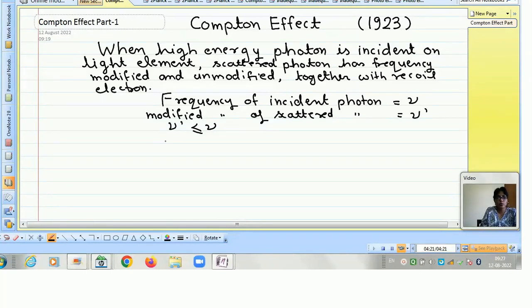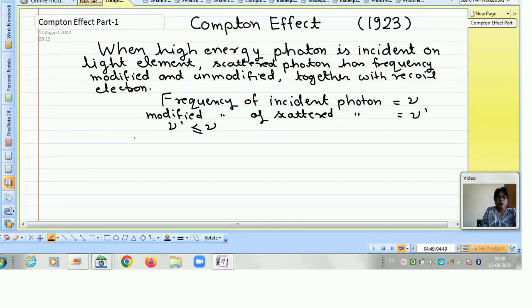Now it is also observed that the change in frequency does not depend on the original frequency, and the difference in frequency depends on the angle of scattering. It depends on the angle of scattering. So in this case it is also assumed that the electron is free.